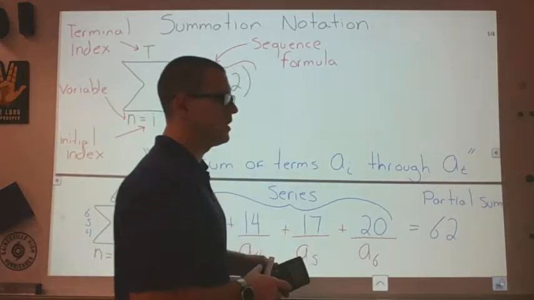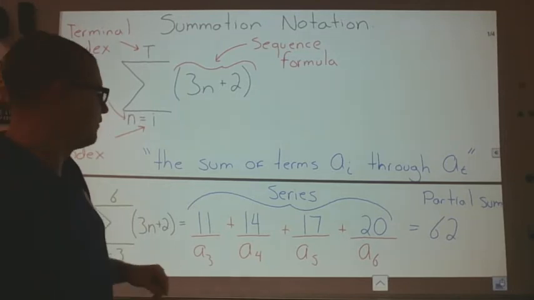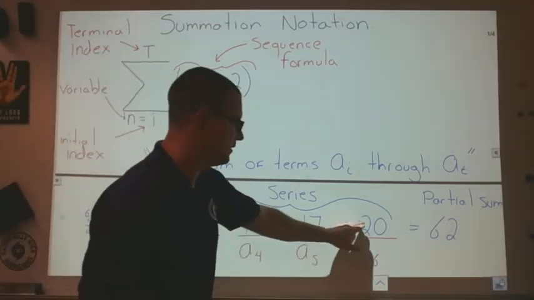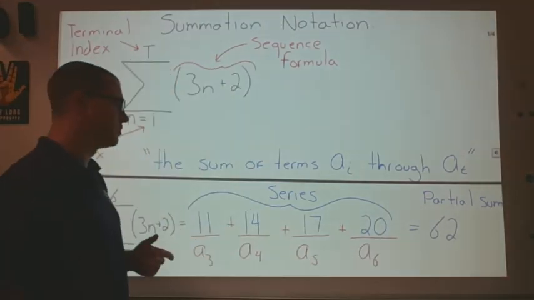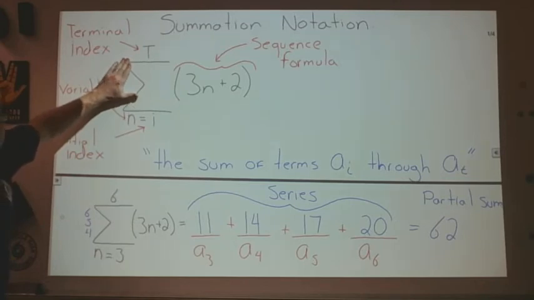It's a partial sum because sequences go on forever, and so we've only got a part of the sequence added together. Here's our series, 11, 14, 17, 20, with addition or subtraction between them. That's all summation notation is.